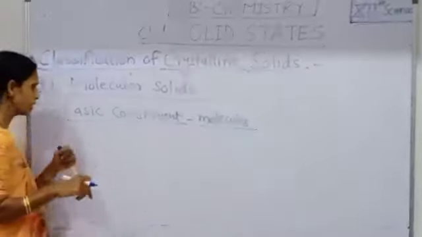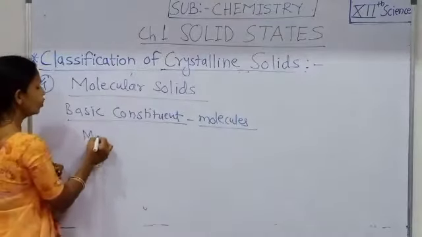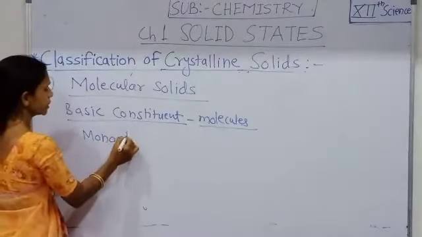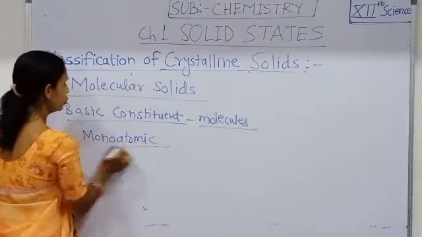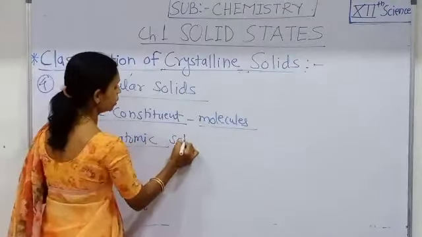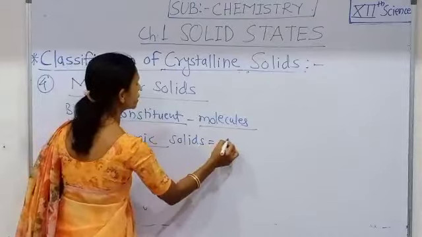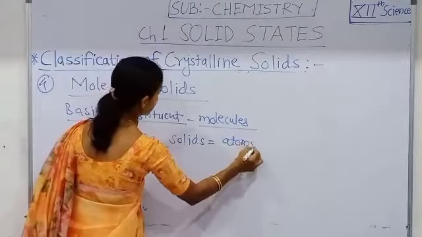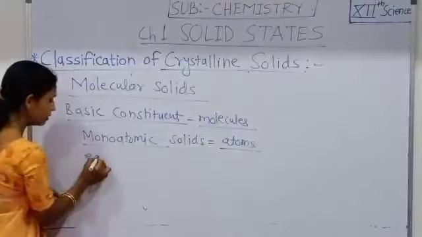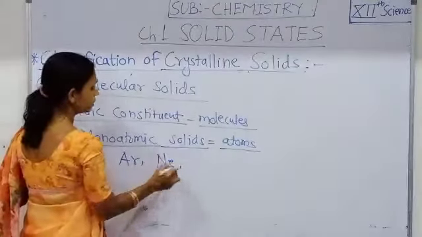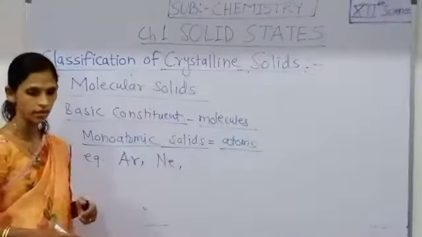Or if monoatomic solids are there, then their basic constituent is atoms. For example, argon and neon, inert gases.